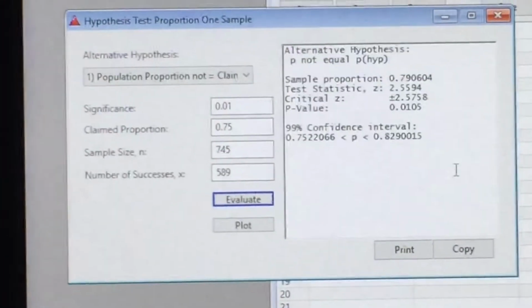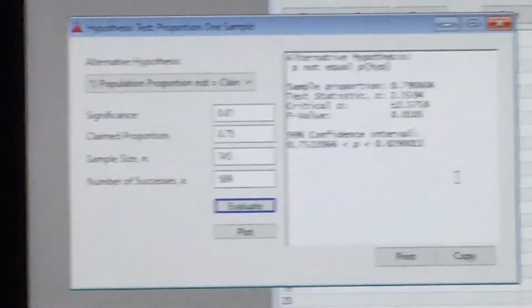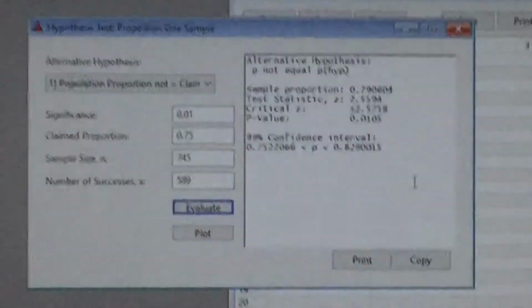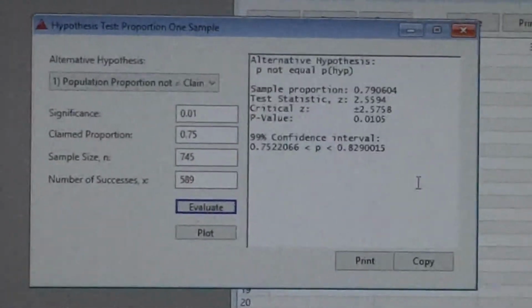And I say that because p equal to 0.75 is going to be your claim. The null hypothesis is your claim. Okay.